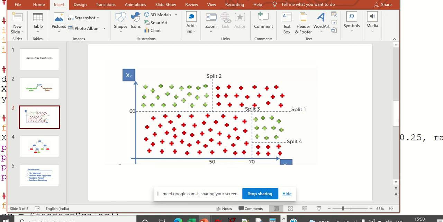Imagine this is yes, green is yes, red is no. But you cannot draw a line easily. If it was a simple thing, you could have drawn a line.